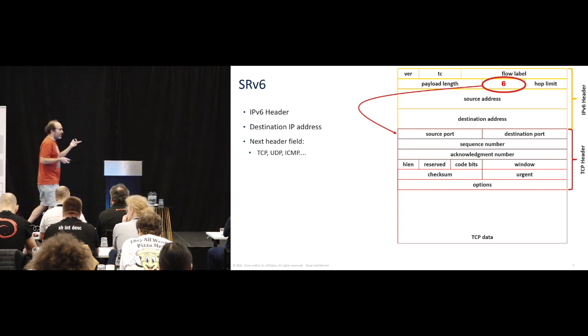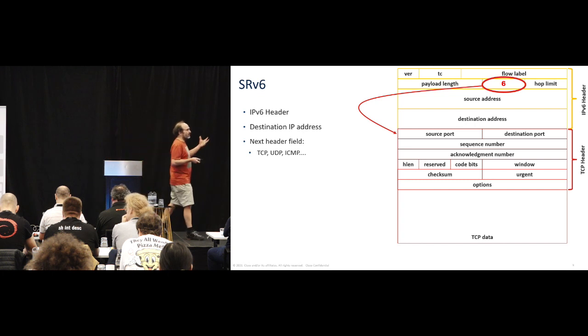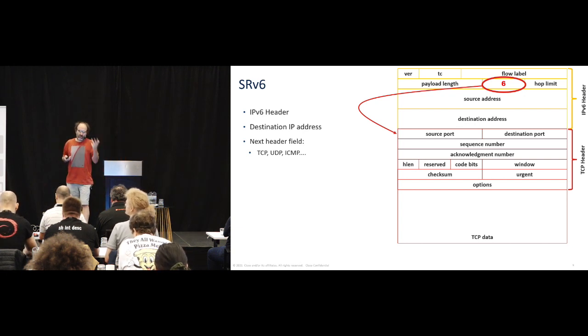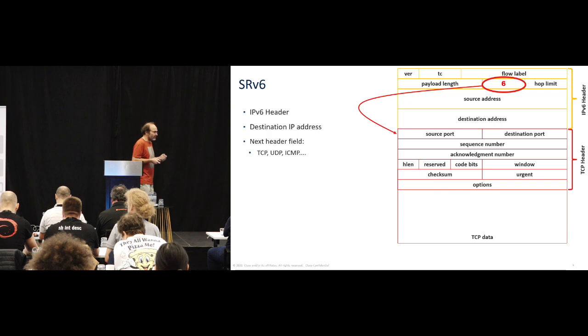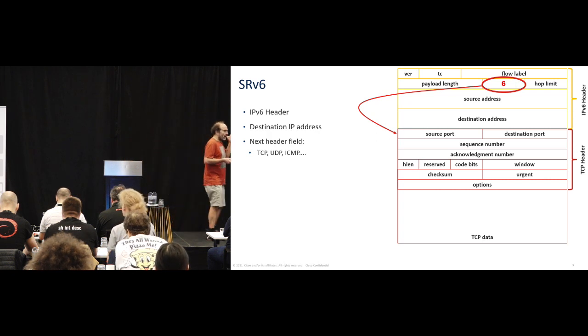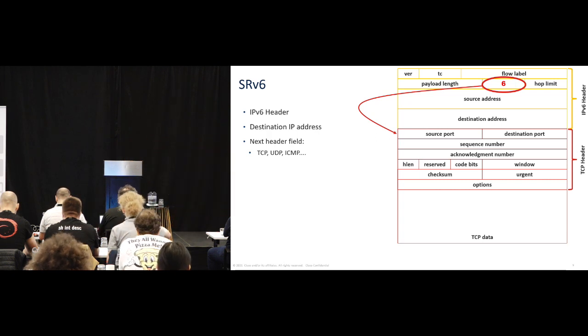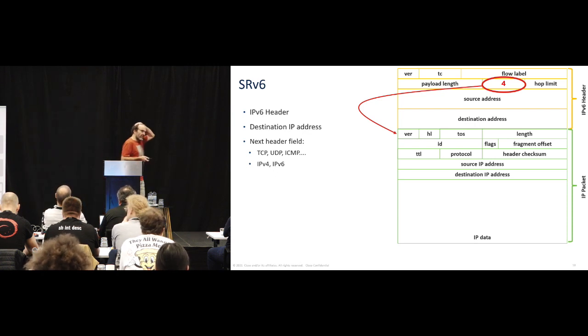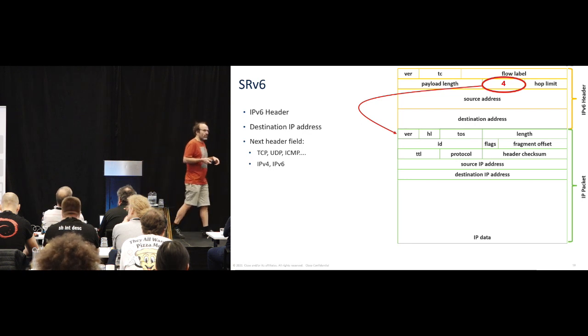So here in this example, we see 6 means there is a TCP header after the IPv6 header. So it is just what is inside the next header. Besides TCP, UDP, OSPF, ICMP, whatever, there is a possibility to encapsulate IPv4, right?